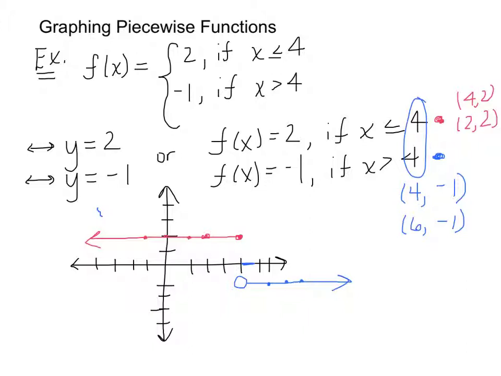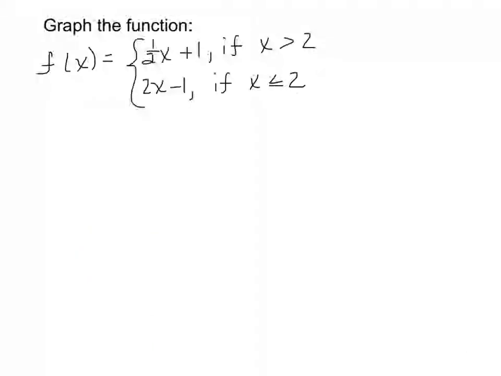Okay? Let's try one where the lines are not horizontal. Here we have another piecewise function, and now we're using 2 as our base number. I'm going to do 2 different colors again. Pink for the first one, blue for the second one.